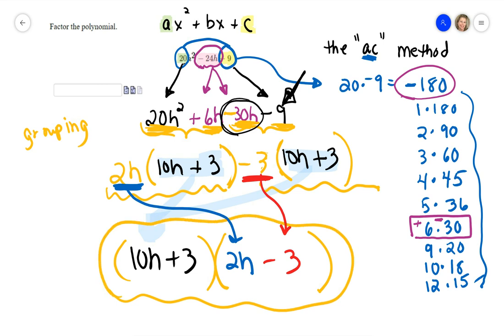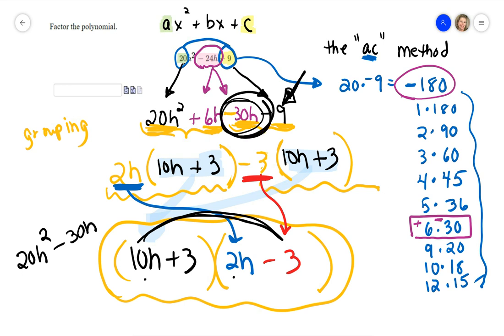A 10h plus 3 times a 2h minus 3. And if you FOILed it back, first times first, 10h times 2h is 20h squared. My outsides, 10h times a minus 3 is a minus 30h, which is what we had right here.